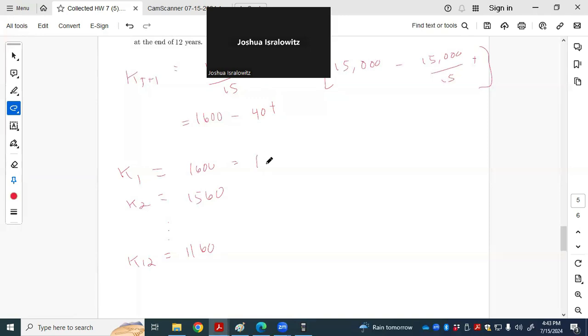So I write this as, we'll add and subtract 40. So here it's 1640 minus 80. And it's 1640, could check. So it's going to be 12 times 40.